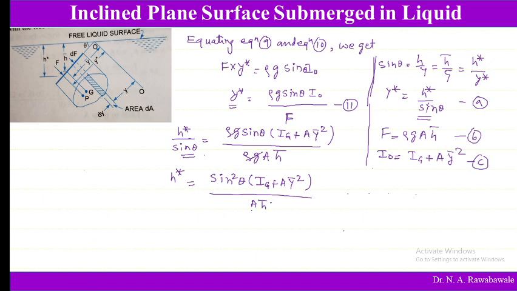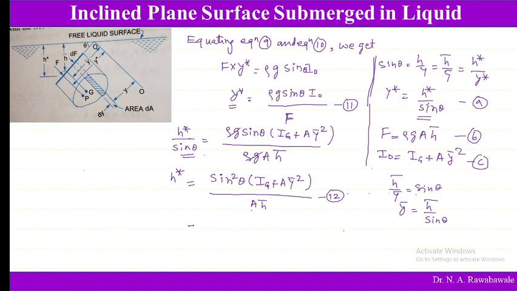So now we can take this Y bar square. Now we call this equation number 12. So H bar divided by Y bar is equal to sin theta, or Y bar is equal to h bar divided by sin theta.